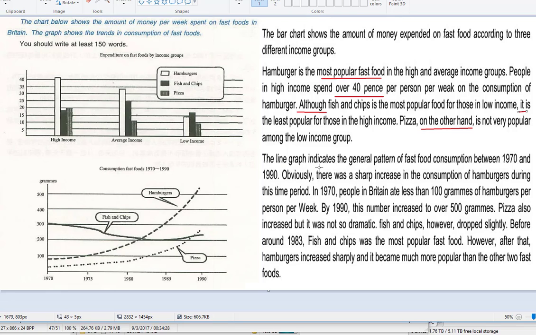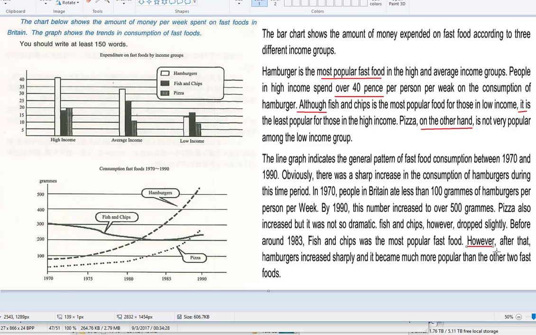There's some referencing. The line graph indicates what? Before around 1993, fish and chips was the most popular fast foods. After that, hamburgers increased sharply. So you're talking about fish and chips? Oh, here's the word however. Okay.